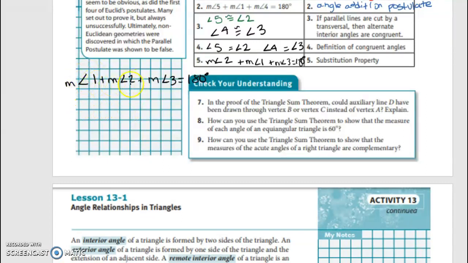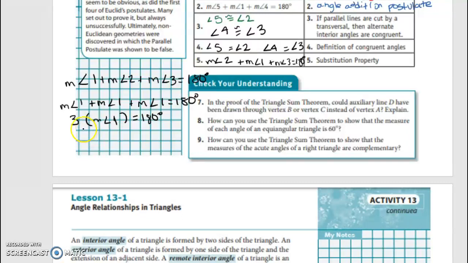Okay, so if all 3 of these are equal, we can just substitute in. We can say that the measure of angle 1 plus another measure of angle 1 plus another measure of angle 1 is still equal to 180 degrees. So 3 measures of angle 1 is 180 degrees.